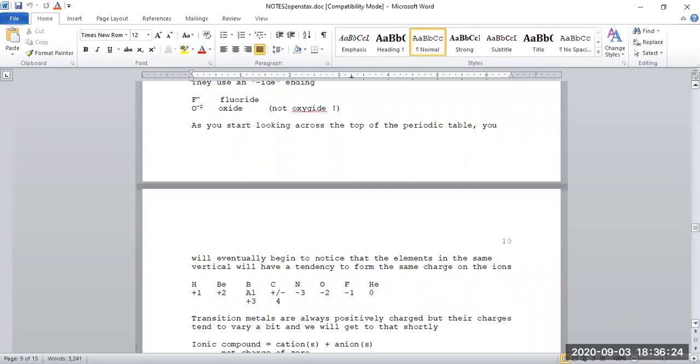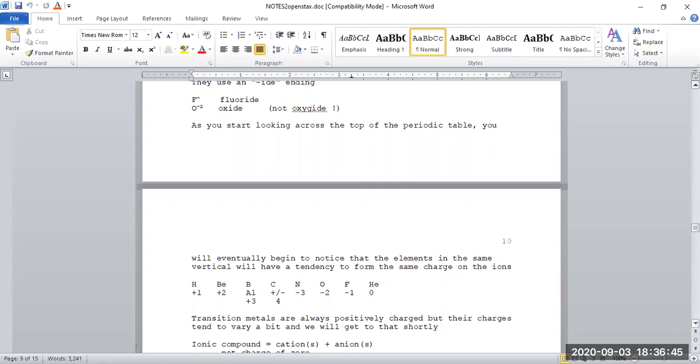All the alkali metals like to be +1s. All the alkaline earth metals like to be +2s. Boron, aluminum, and sometimes gallium and arsenic like to be +3.